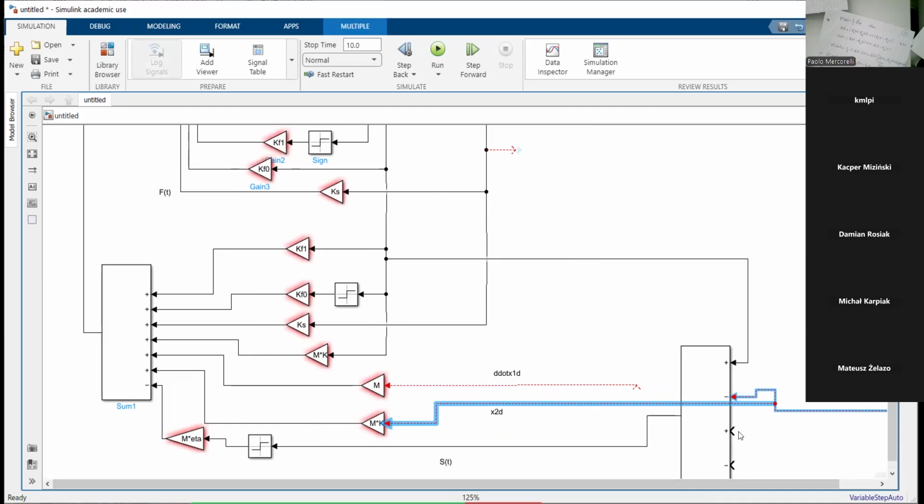And then here we have plus k times x1 minus x1 desired.